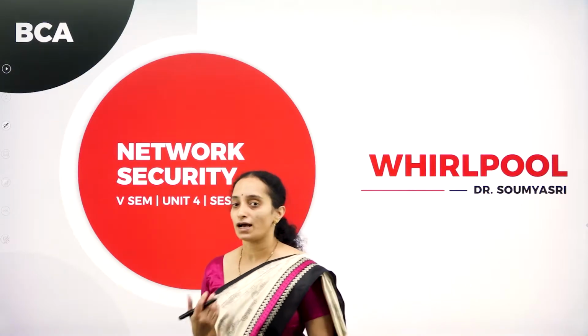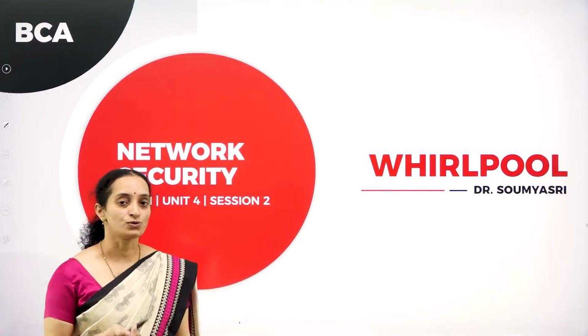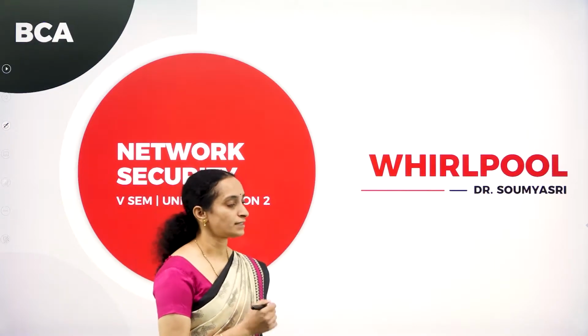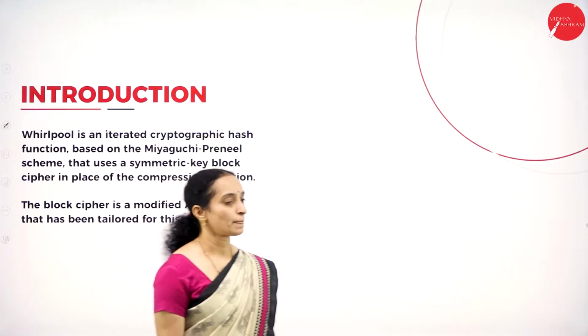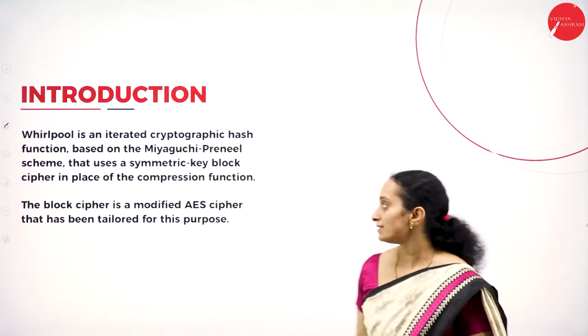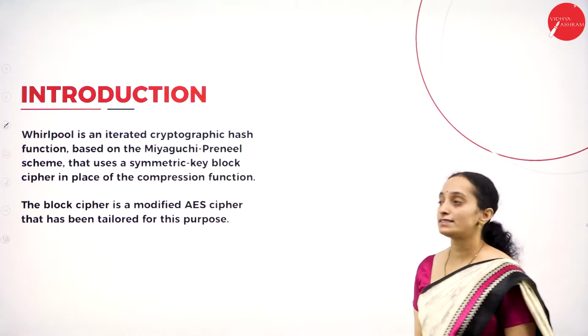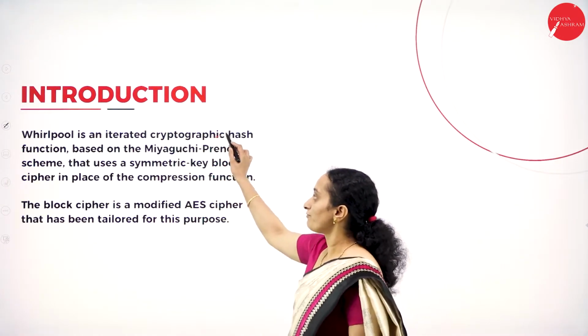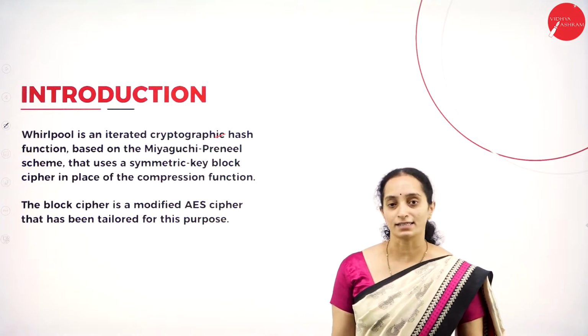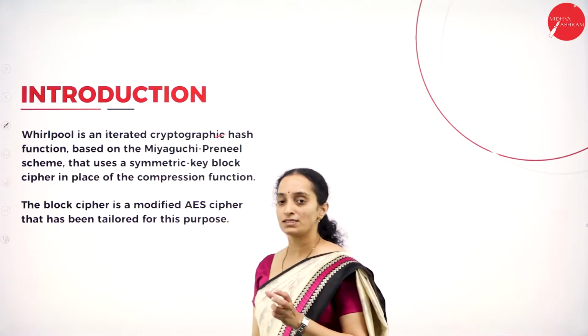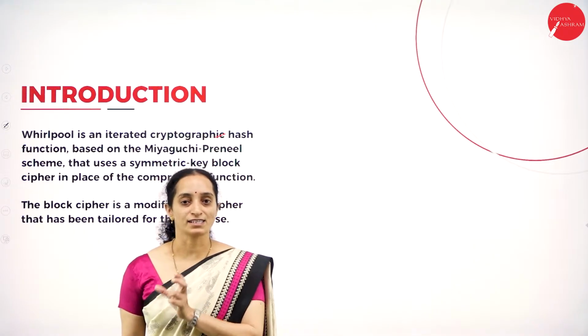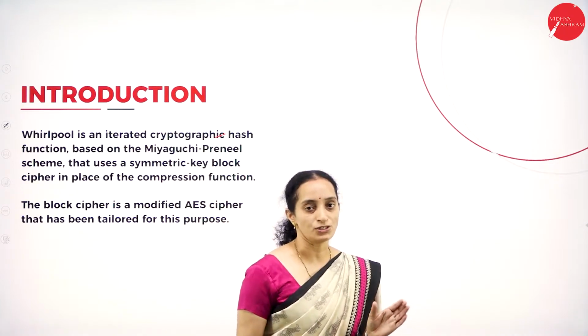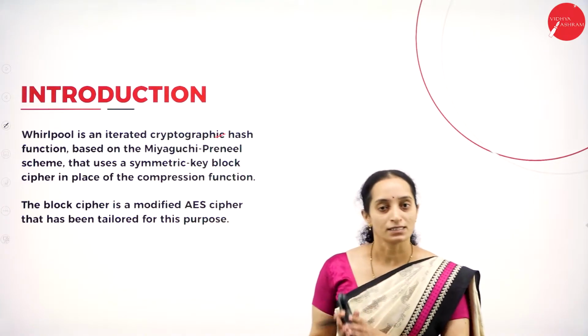Today we shall look at another algorithm that is used for the same purpose, that is the Whirlpool. Whirlpool is an iterated cryptographic hash function. Again, it is a hash function. That means it produces a hash value from the message to generate a message digest.